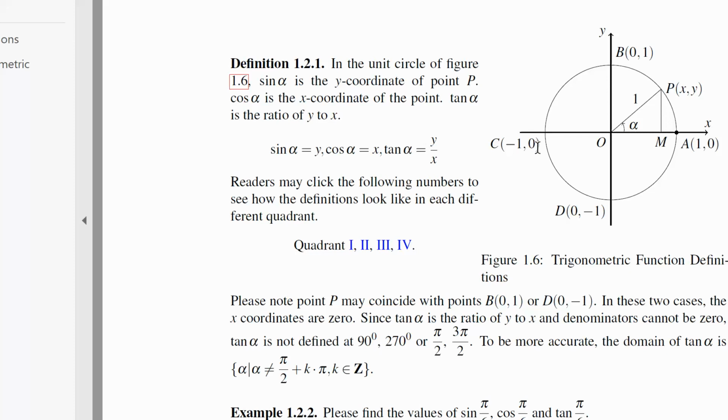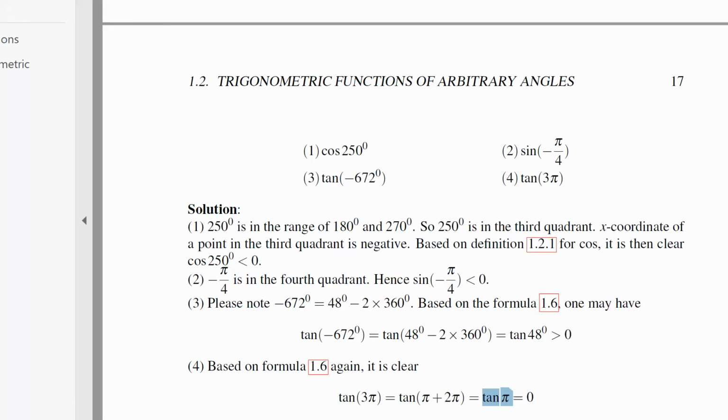So tangent 180 degrees, or tangent pi, or tangent 3 pi will be 0, because the y coordinate 0 divided by the x coordinate, which is negative 1, gives us 0. Then we go back to see that tangent pi is neither positive nor negative, which is actually 0. So this is what we get.